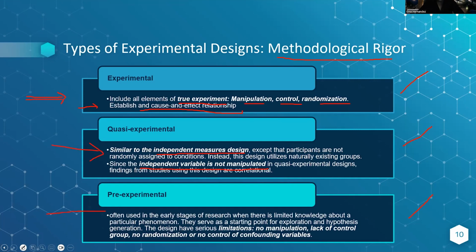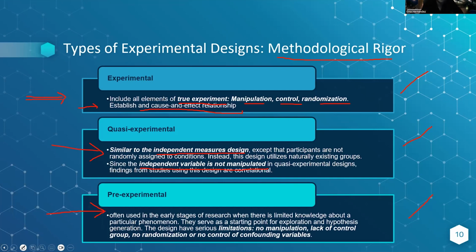And the least strict design, with the least rigor, is the pre-experimental design. It tries to be an experiment, but it doesn't get there. So sometimes these are good to explore the relationship of the variables, or maybe to create some hypotheses about them.